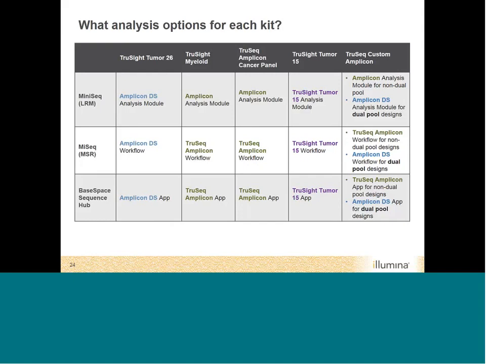And then if you are using the TruSeq Custom Amplicon solution, you're either going to use the Amplicon or the Amplicon DS solution, and that depends on whether or not you've chosen a dual pool design. This is one of the first questions that the Design Studio software is going to have you choose when you're doing your design. So based on that, you're later going to select the appropriate analysis. And I wanted to mention also that all sequencers have the option to just generate FASTQs on the instrument and then do your analysis in BaseSpace.